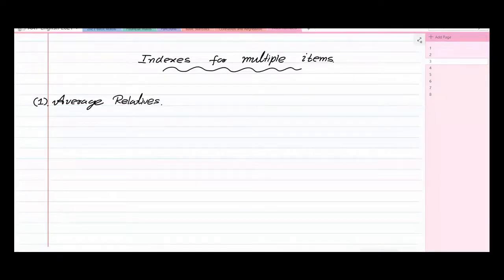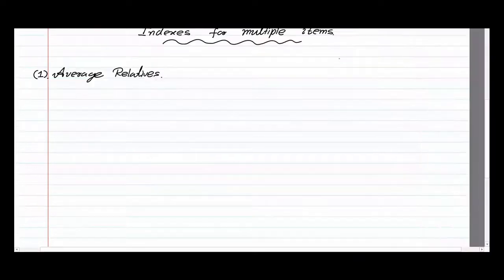Average relatives. If you are going to get the price index, you have to take sigma P1 over P0 into 100. You find these one by one and finally divide by the number of items.